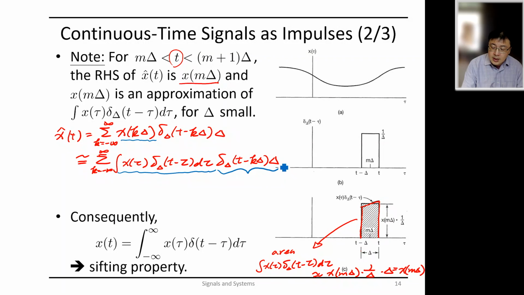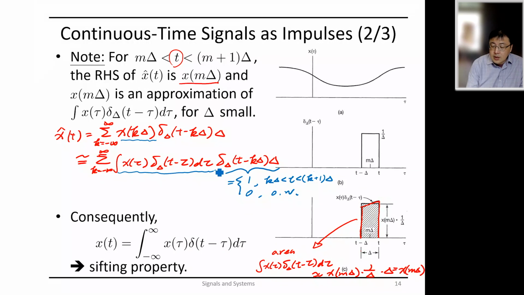So if you recall, this part here is 1 only when t is between k delta and k plus 1 delta, and 0 otherwise. So for a t within this range, I can approximate x of k delta with this integral here.